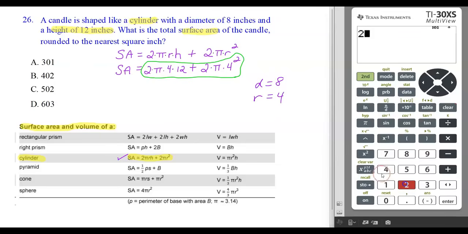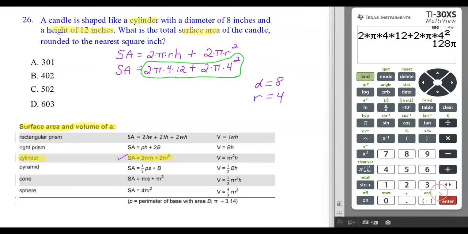2 times pi, I'll just use the pi symbol, times 4 times 12, plus 2 times pi times 4 squared.